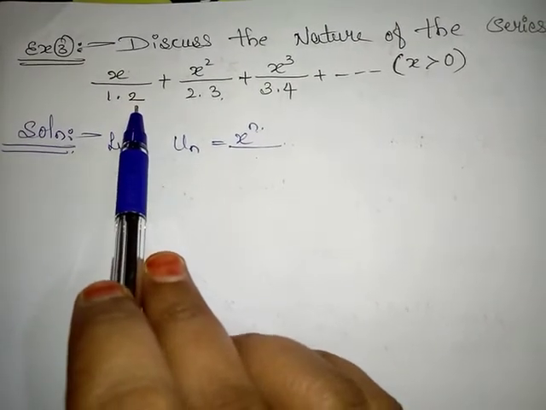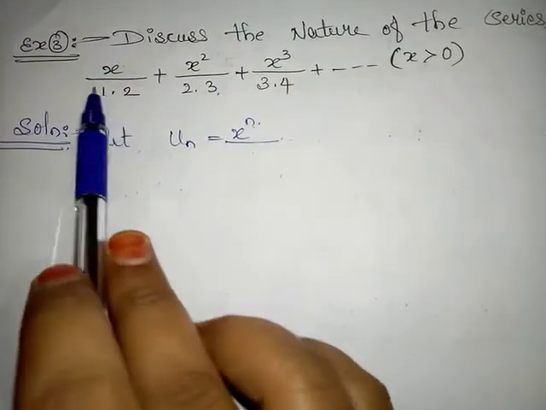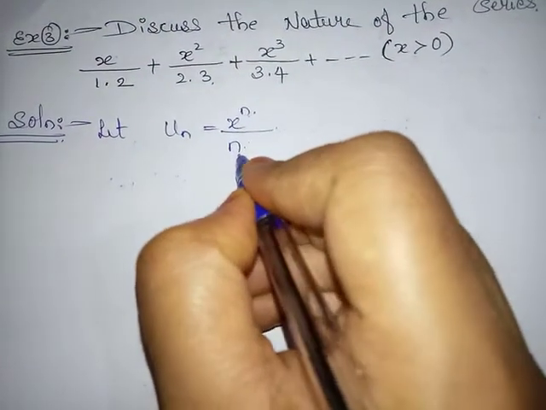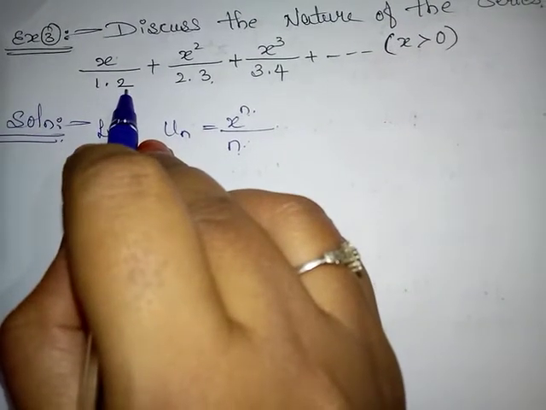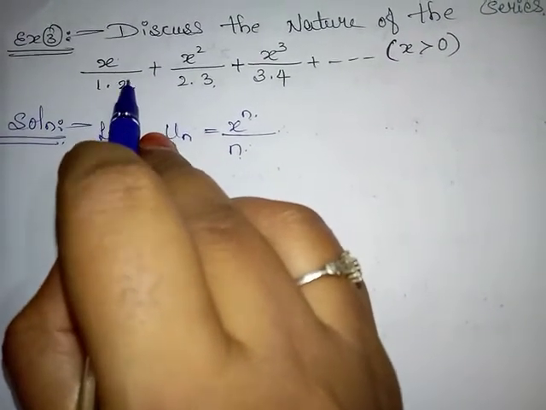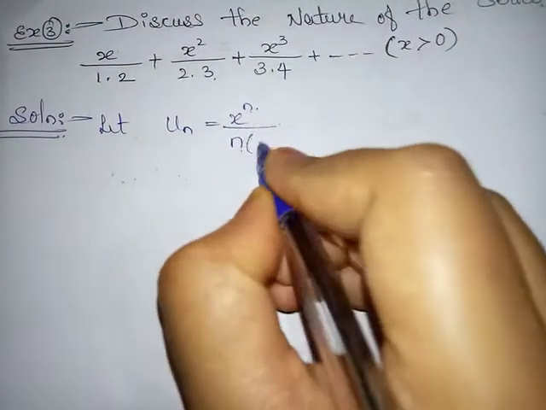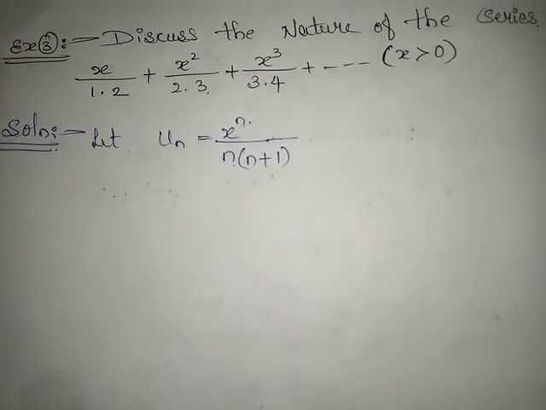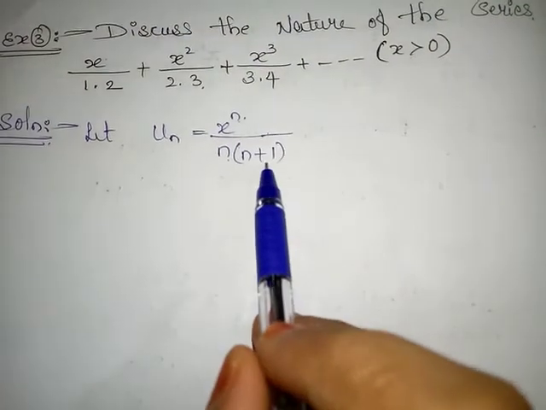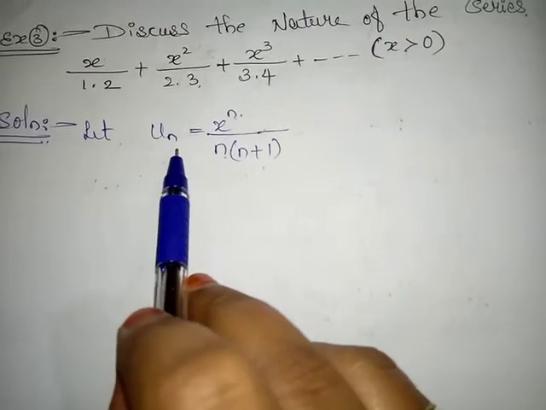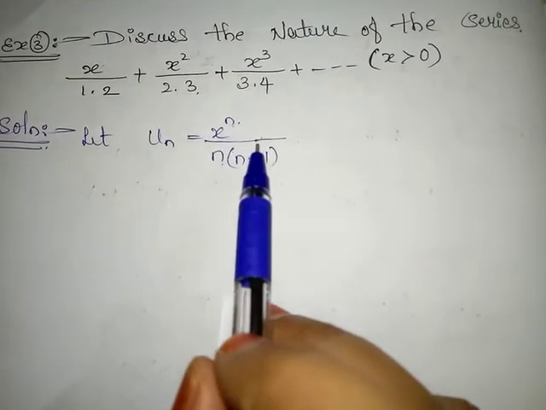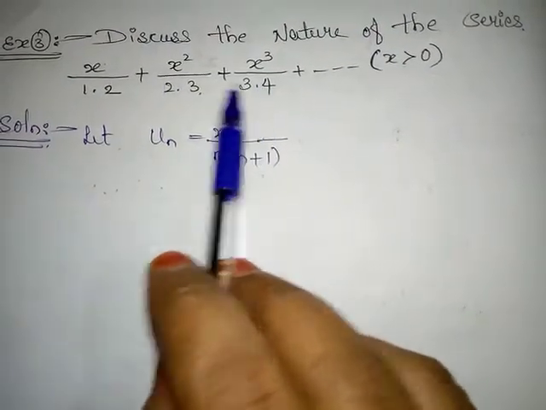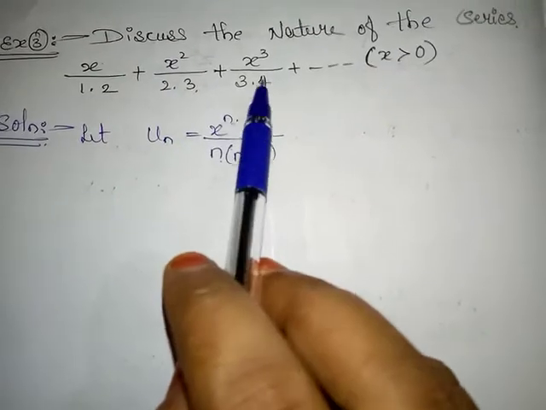Now we will take the denominator term. Here n value for this first term is 1, means this is n, correct? N is equal to 1 means this is n. Now into 2, here n is 1, so where we have 2, it means n plus 1. See, as I said in the earlier example, while you are taking the term un, you just have to cross verify whether this un term satisfies all the given beginning values of the series.